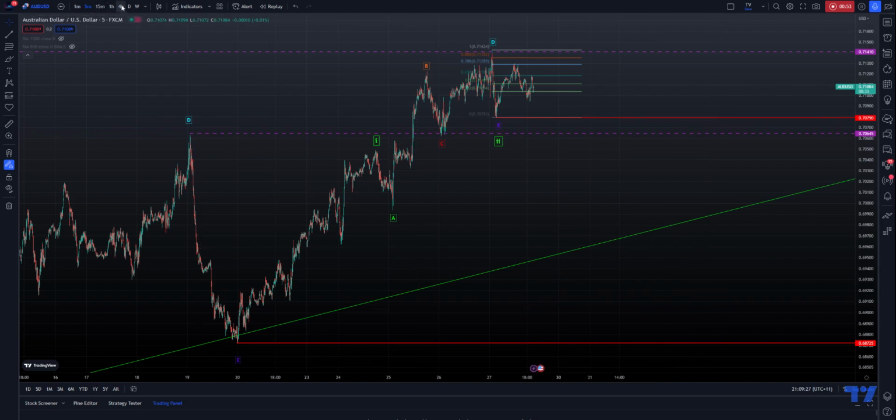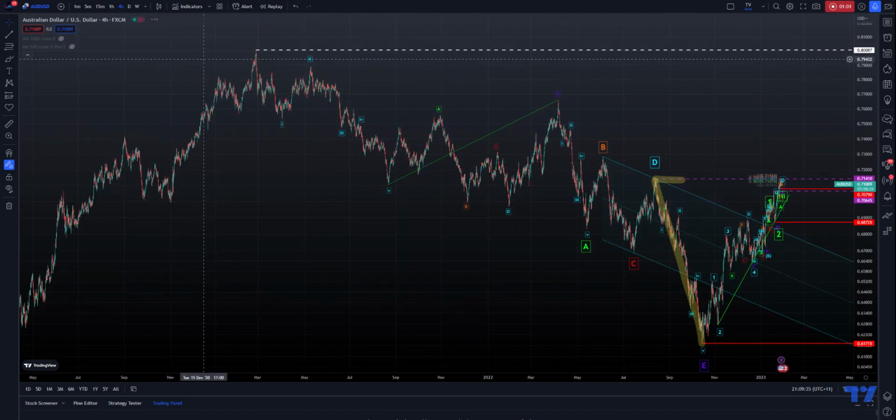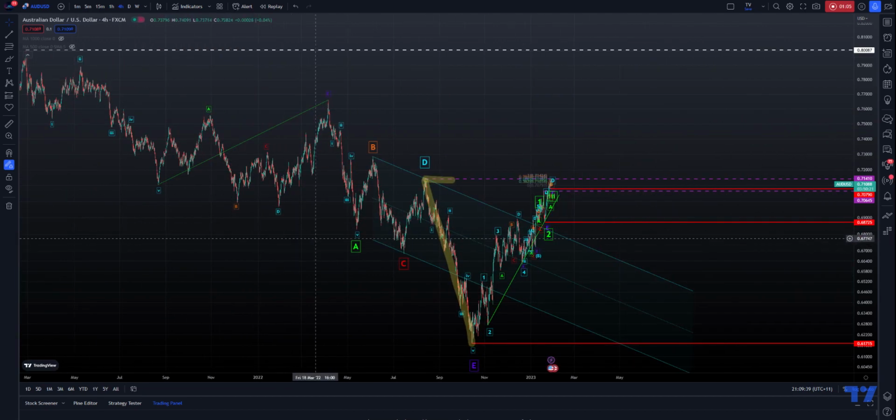Now, if you don't know what I mean by that, I'll just go to the 4 hour chart, right? I previously indicated that in the correction that started back in February 2021, we had an A, B, C, D, E. This is a good example of how the waves can sometimes turn smaller, which is probably why Mr. Ralph Nelson Elliott missed out on seeing these waves, he didn't have TradingView.